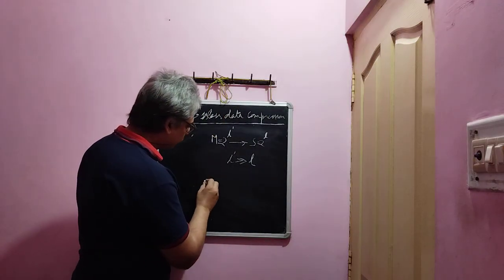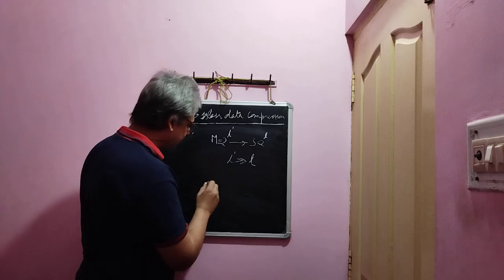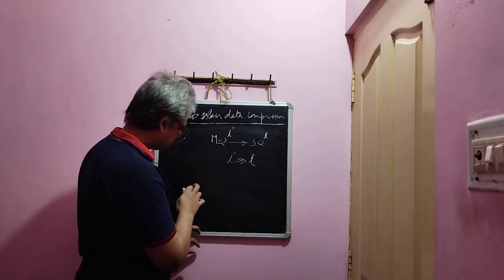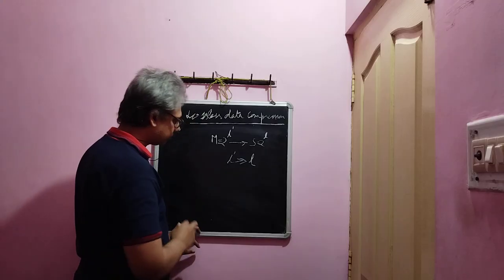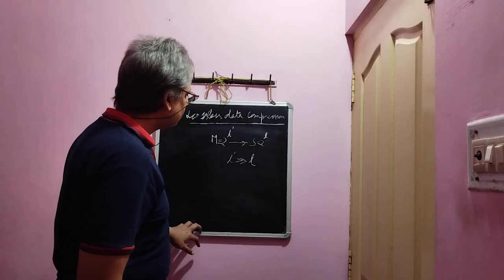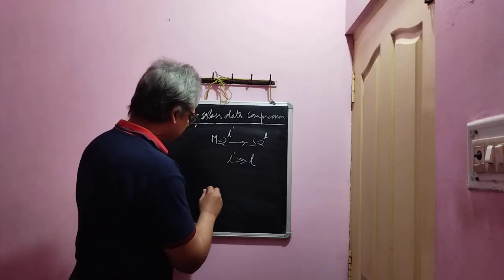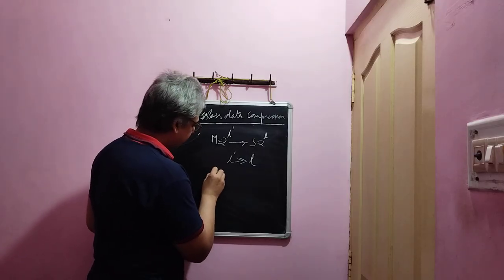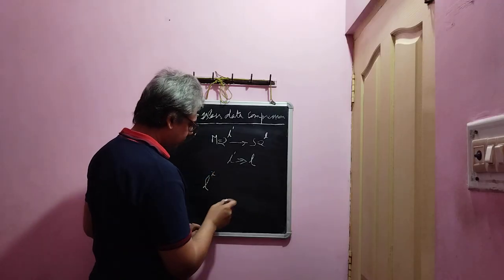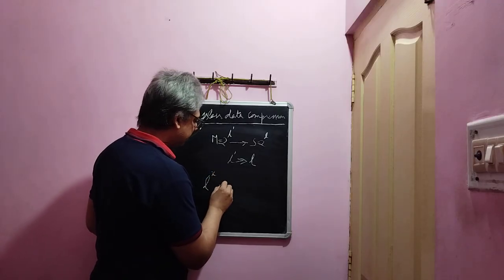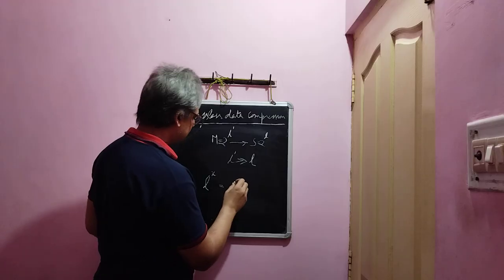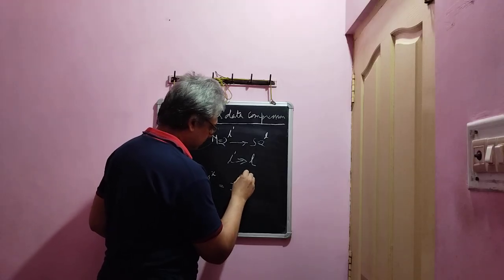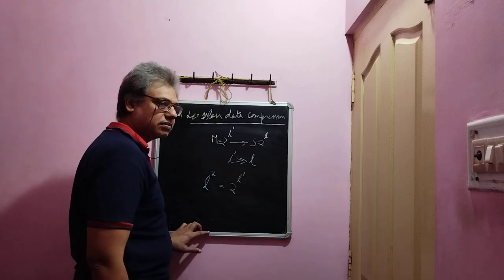So in this case what we do is we determine X such that L power X is equal to 2 power L dash.